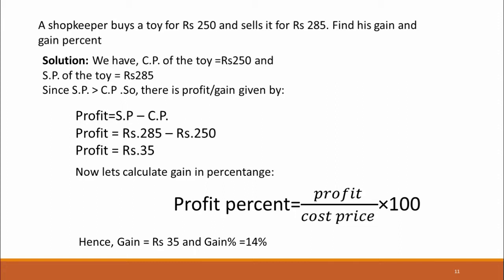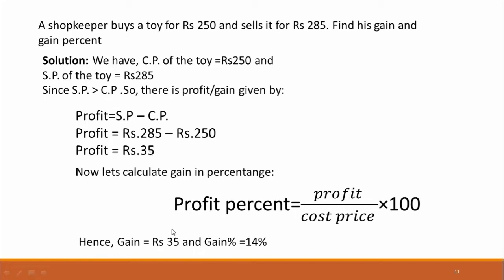Now at the second stage, let's calculate the gain in percentage. The profit percent formula is profit divided by cost price multiplied by 100. Hence, putting the profit as 35 and the cost price as 250, multiplied by 100, 35 divided by 250 multiplied by 100, and after simplification we obtain the gain.